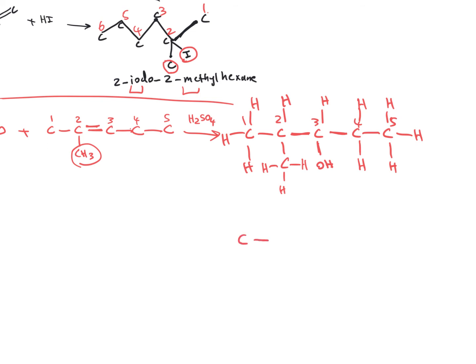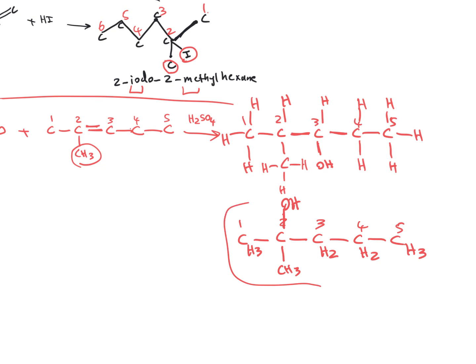Or we can write the structure that we had here, 2, 3, 4, 5, and if we convert this double bond to single bond, we can add the OH, and we had CH3 here, we can add the OH here and hydrogen here. So this can be another possibility. And then we have CH3, CH3, OH, CH2, CH2, and CH3.